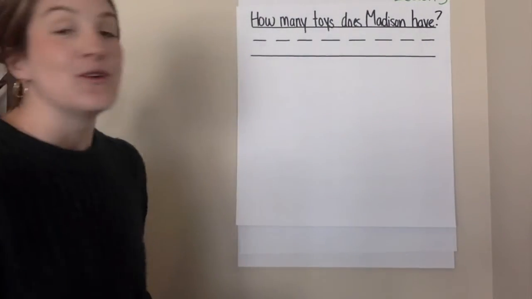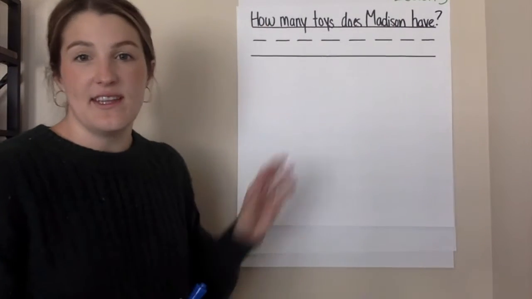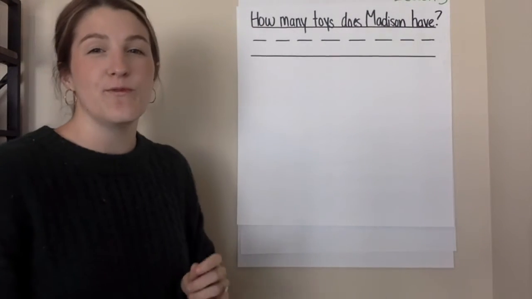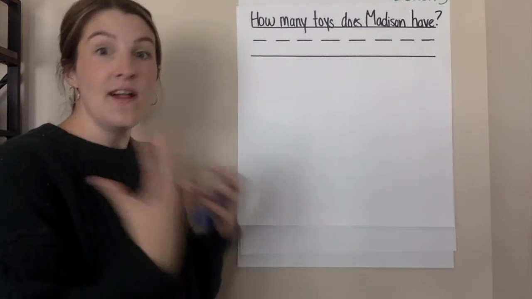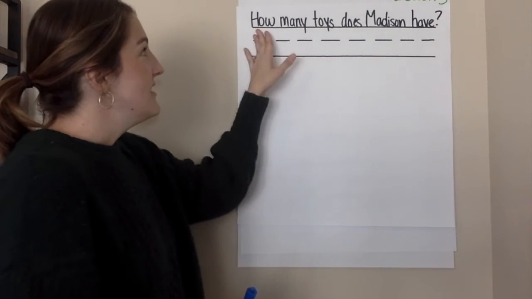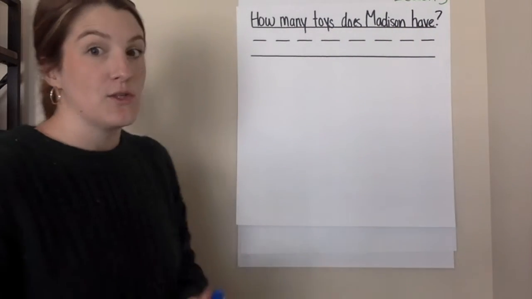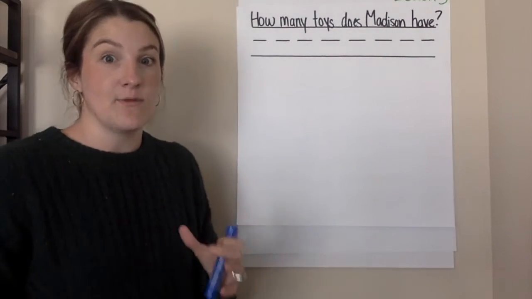Okay, so just like last week, we're going to start by writing sentences that are already there. And this is because we're focusing on developing the skills before we practice them. So I have the sentence, how many toys does Madison have? Wow, so I have a lot of things that I need to remember.